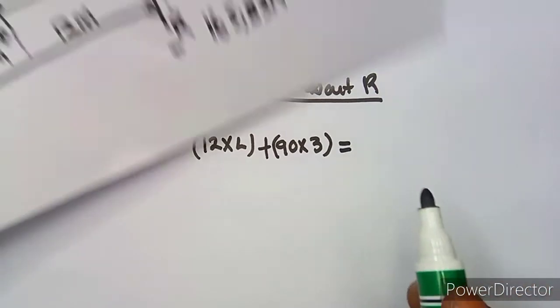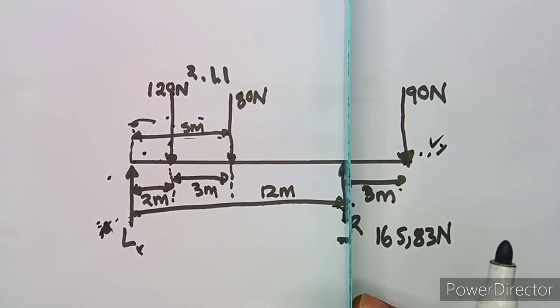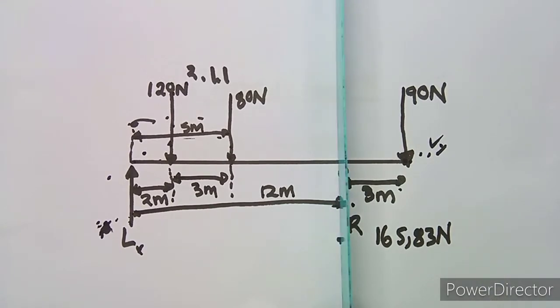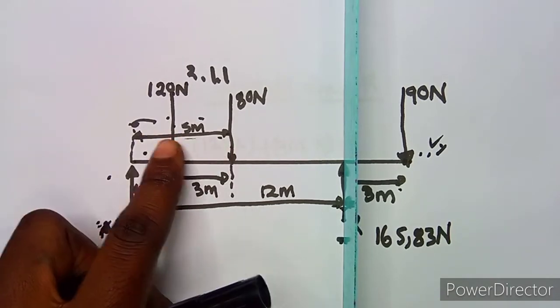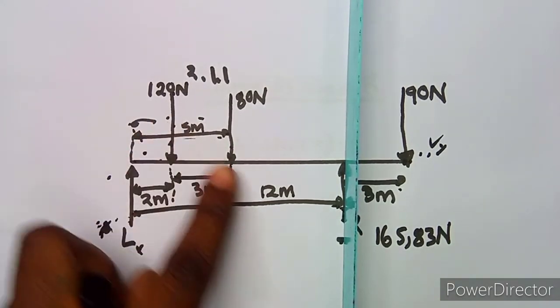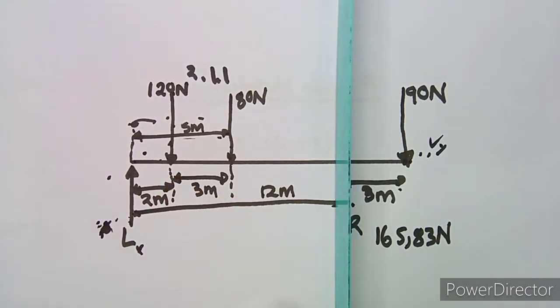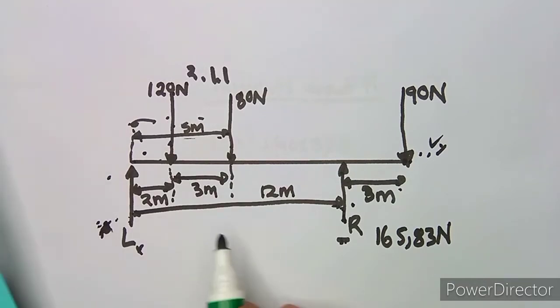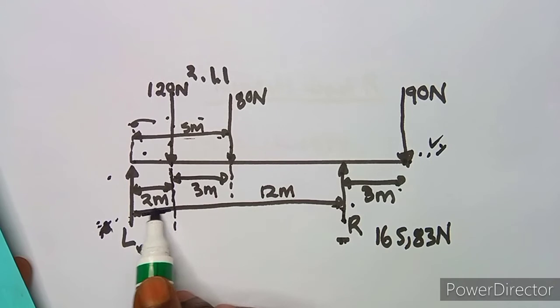Which is equal to, since we do not have any other, we are now going to take these ones which are on the same side of L. This is your L. These two are on the same side of L. So it's force times distance, which is 120 back to R here. The whole part here is 12, and we have taken 2 meters here.